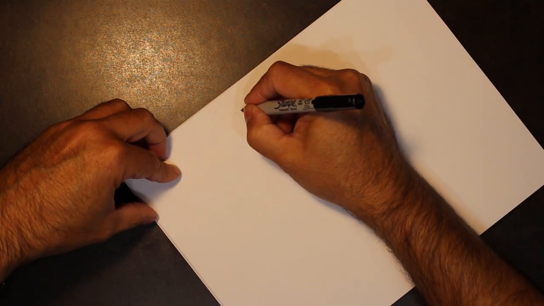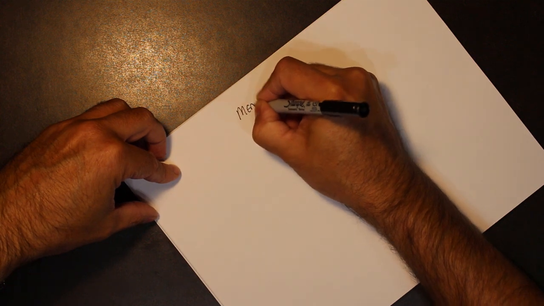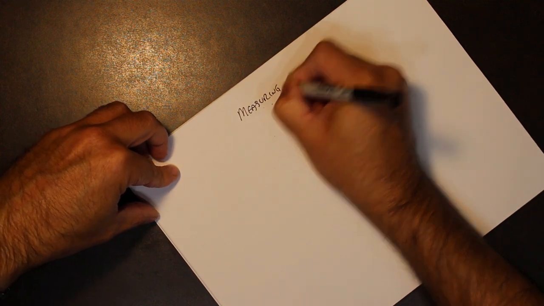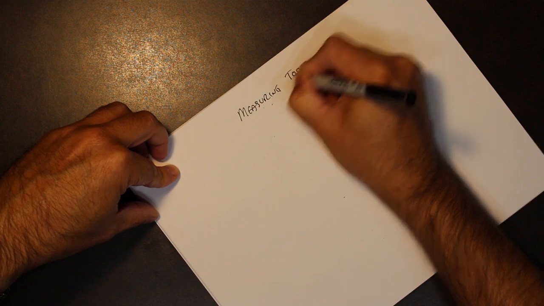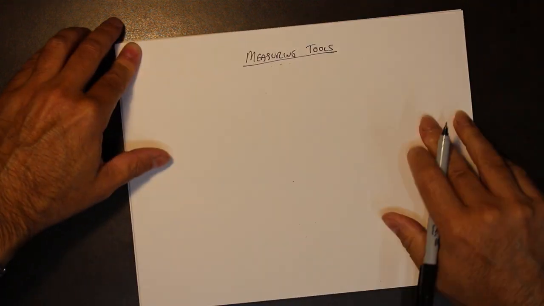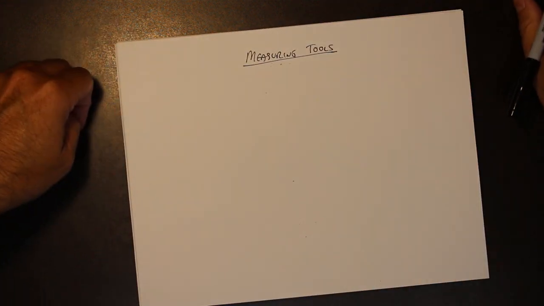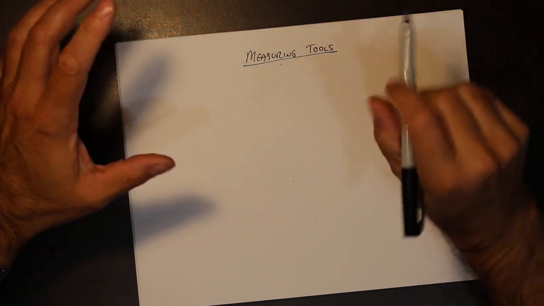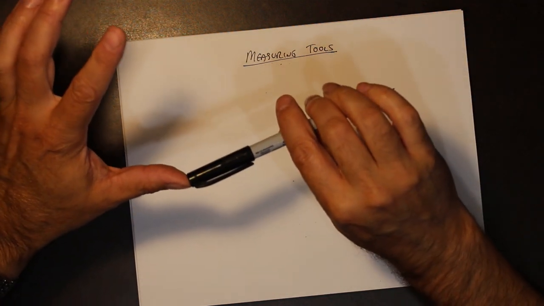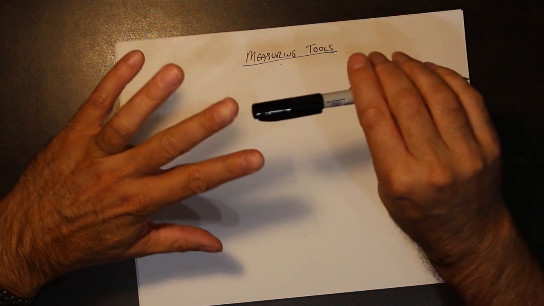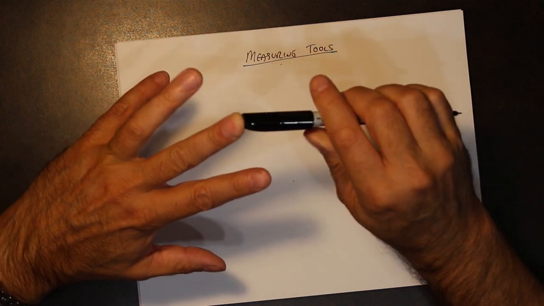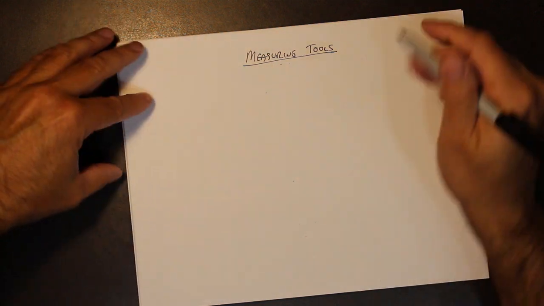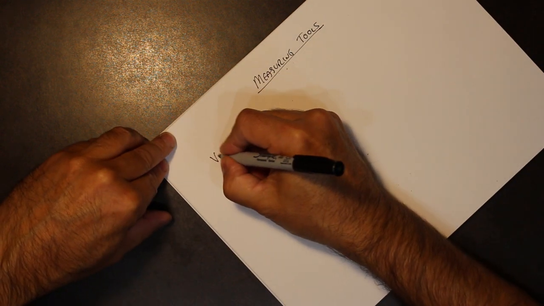Then we've got some measuring tools. There are three main elements, if you will, to electricity. The first one is voltage.